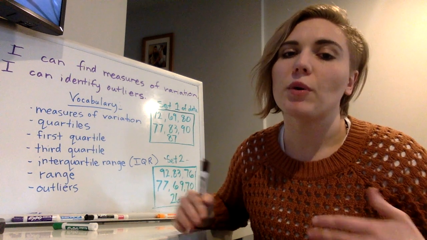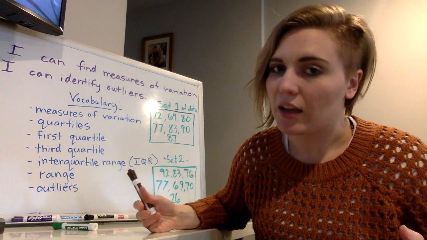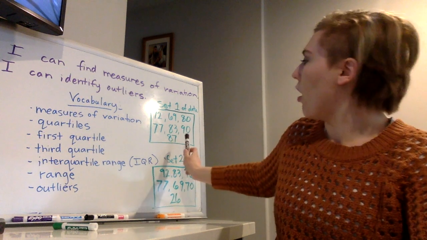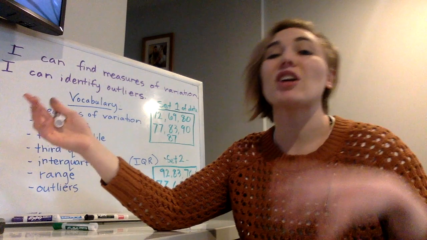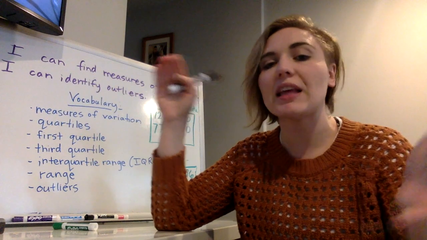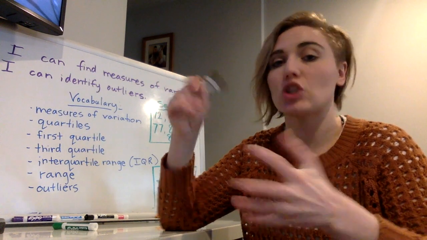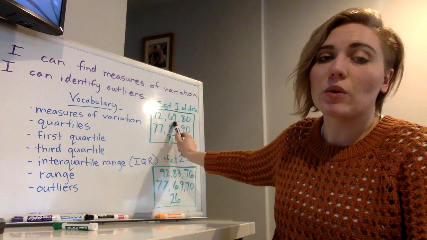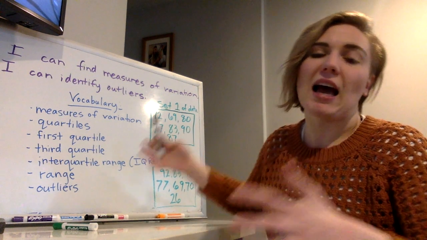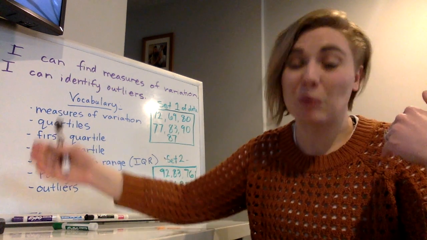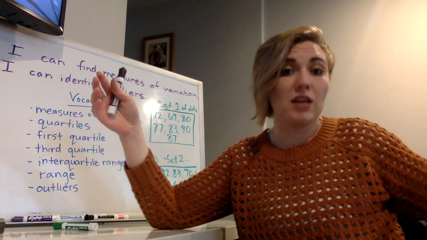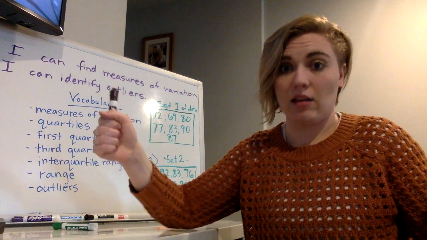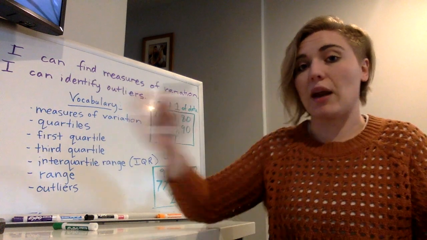Sure, some numbers are significantly higher or lower, but really they are kind of close together. 69 is the lowest, 90 is the highest, so there is a spread of data between 69 and 90 and everything in the middle.